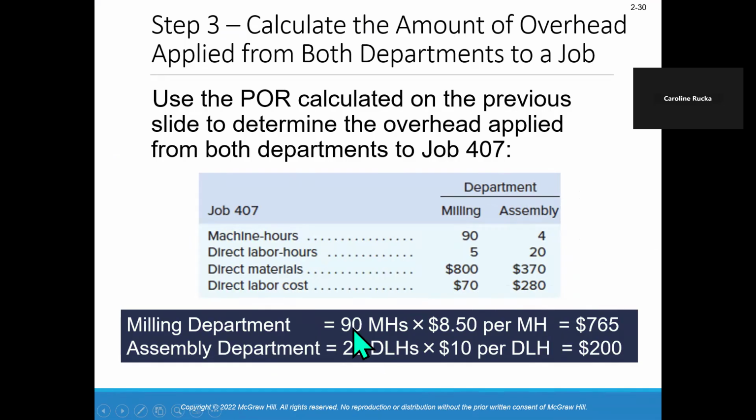The milling department, 90 machine hours on job 407 at $8.50 per machine hour gives us $765. Assembly department, they use 20 direct labor hours on this job at $10 per direct labor hour gives us $200.